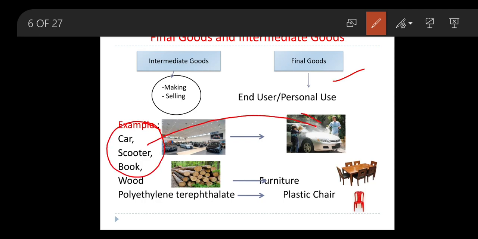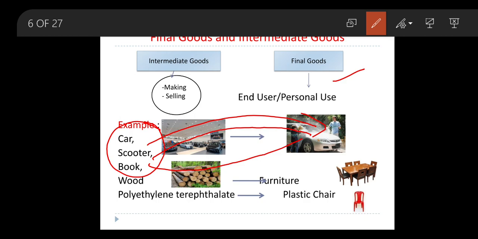Car. If a car is purchased by a consumer for his personal use, if a scooter is purchased by a consumer for his personal use, if a book is purchased by a student to prepare for his exam, then such goods are your final goods because car, book, scooter are now in the hands of their final user, right?